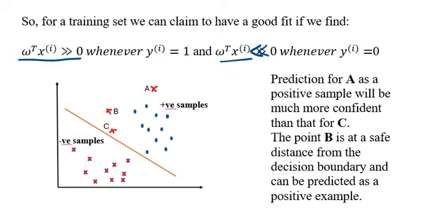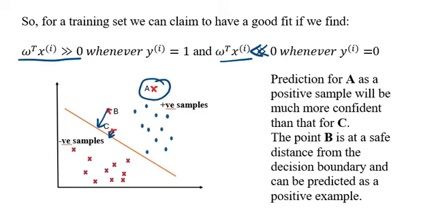We come back to the example, and we have taken 3 data points. As we can see, this separating line is clearly demarcating the positives and negatives, but C is very close to it. B is fairly far away and A is very far away.